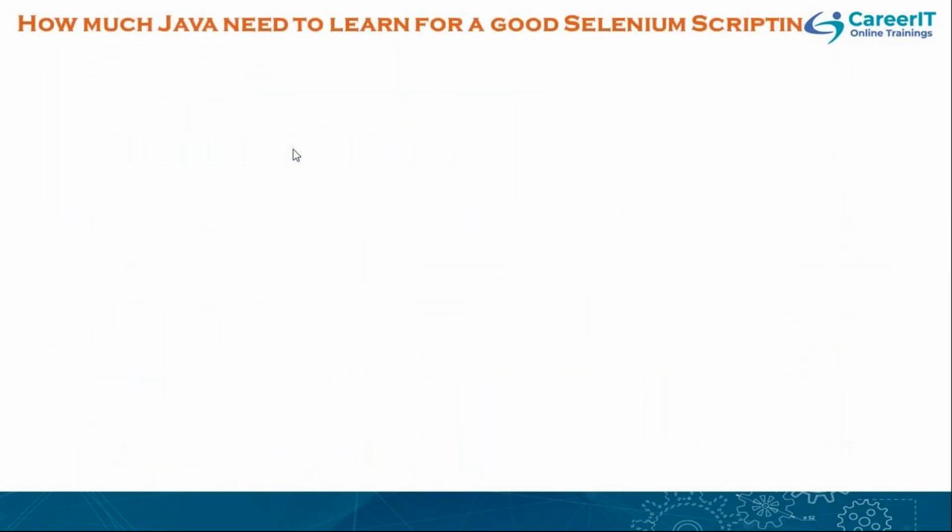Last thing, how much Java is required, guys? Generally, people who are coming from a non-technical or non-IT background feel scared about programming languages or coding, right? But when it comes to Selenium test automation with Java, Java is a very big, very vast language.